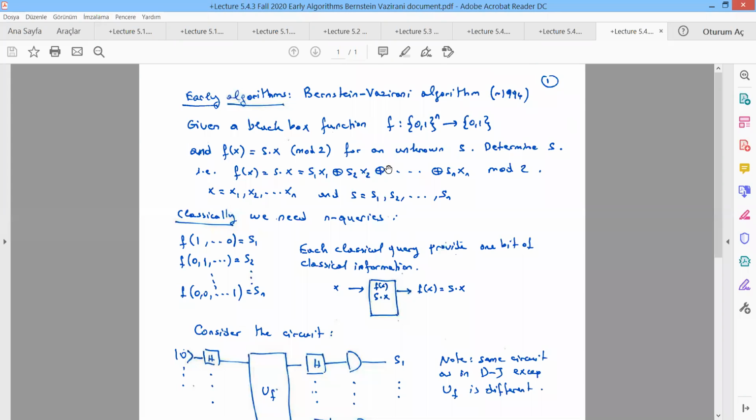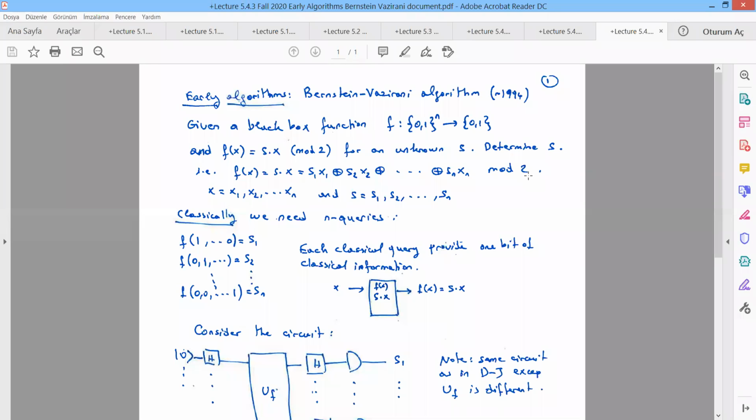But this time we have some specific information about f of x, the oracle. f of x equals s dot x. When you have an x as an input, it computes the inner product s dot x modulo 2, and outputs this inner product for an unknown s. We don't know s, and the purpose of this algorithm is to determine what s is.